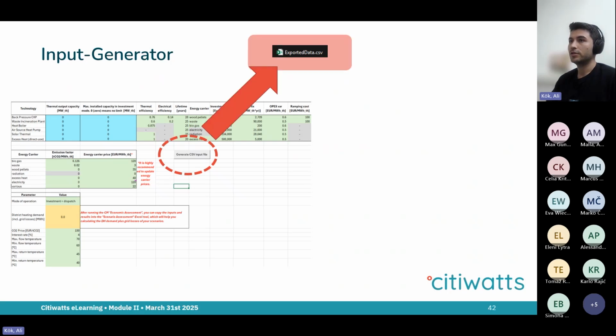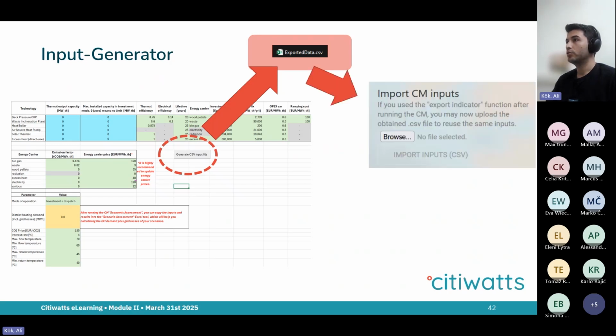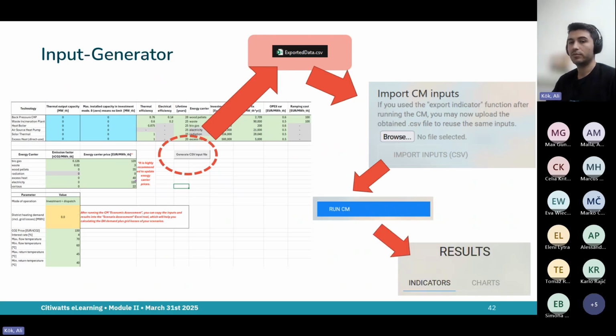You click on generate CSV input file, and a CSV file is automatically saved into the same directory as this file. Then you go to the platform and choose this import CSV option. So you click on browse and then import and then run the model. So basically this is how to run the model. And then you will get some results, indicators, and some charts.